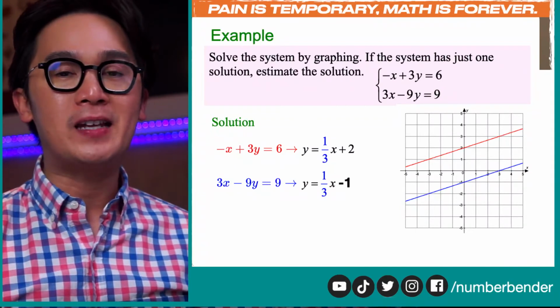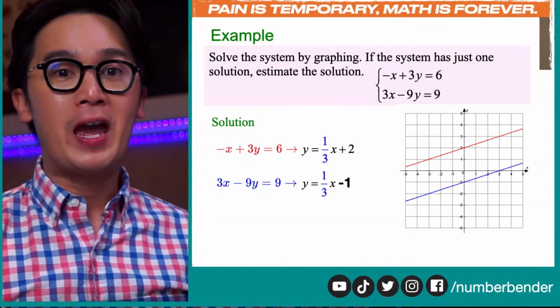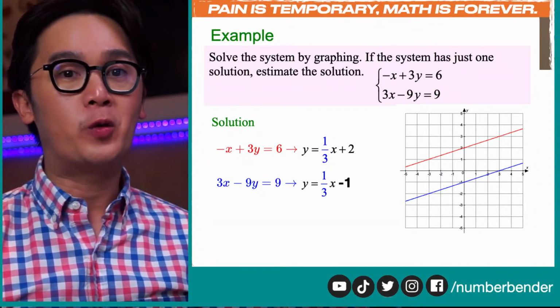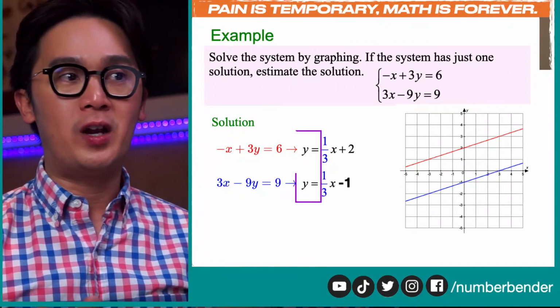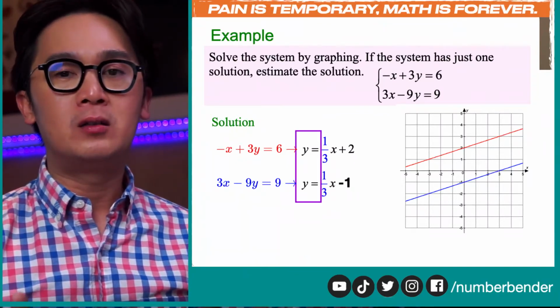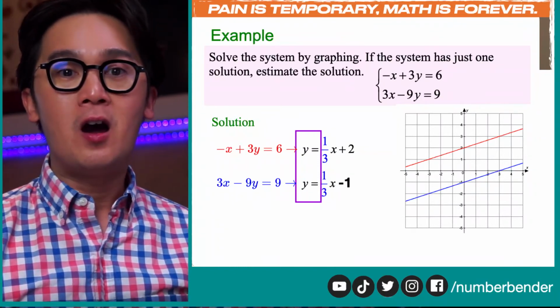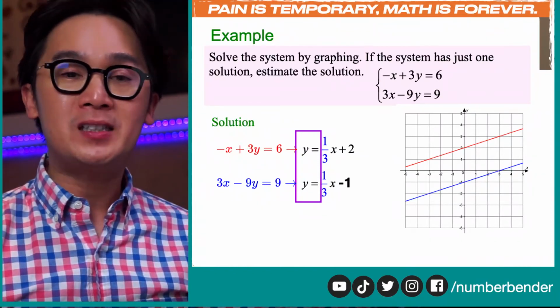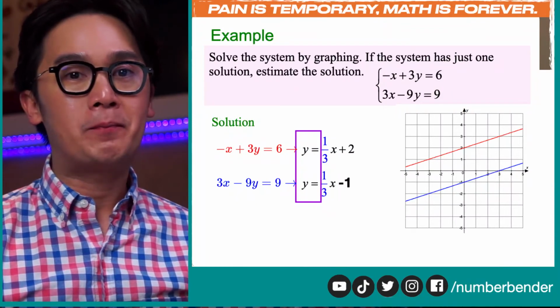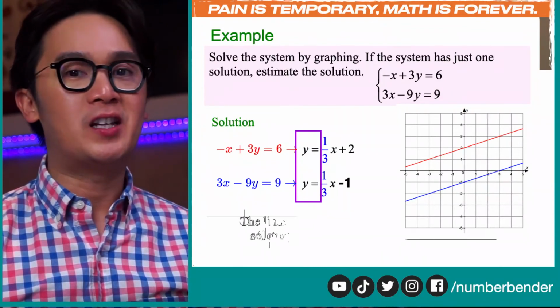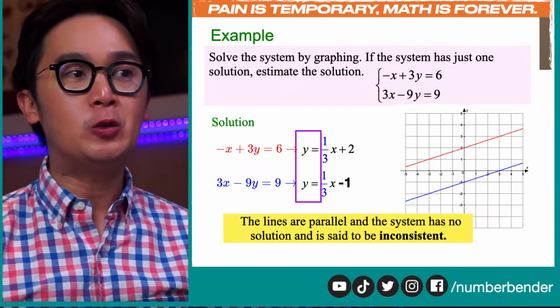So that means it's a possibility that when you have a linear system, you won't have a solution. And this is one of them, because our slopes are the same. That is an indicator that the system is indeed parallel lines, and when that happens, there's no solution.